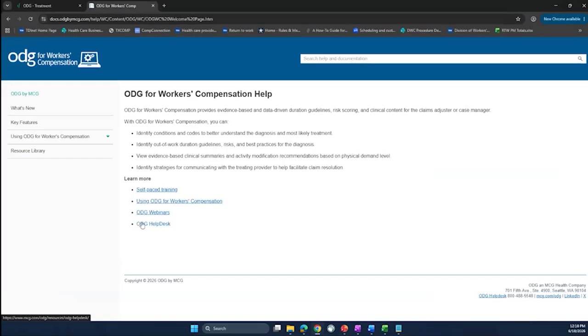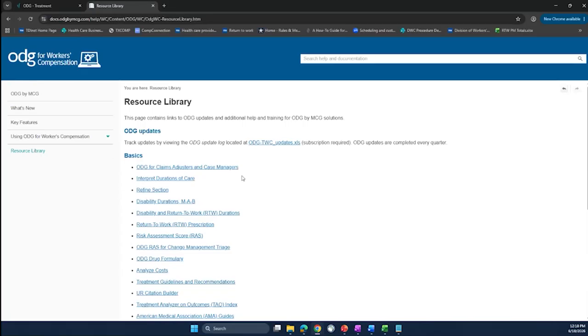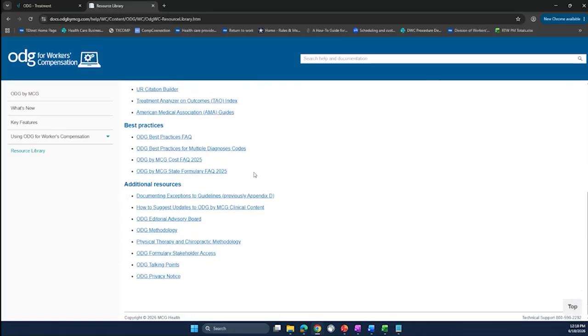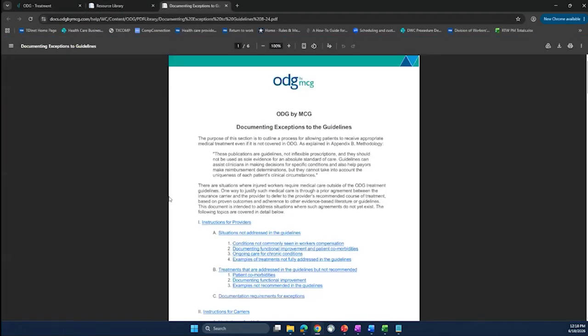And then you could go to the resource library over here. And then from here, you could go down to documenting exceptions. It's found under the additional resources. So documenting exceptions to the guidelines. So that's how you find it on the ODG website.